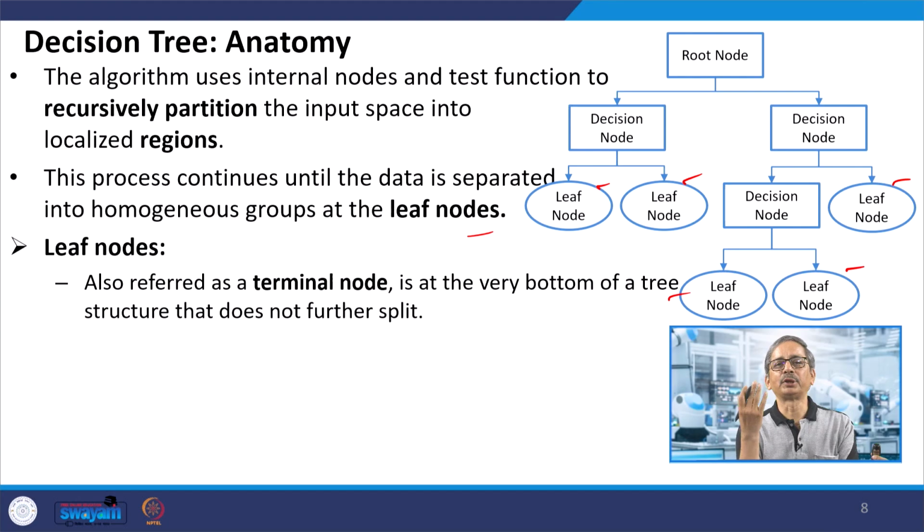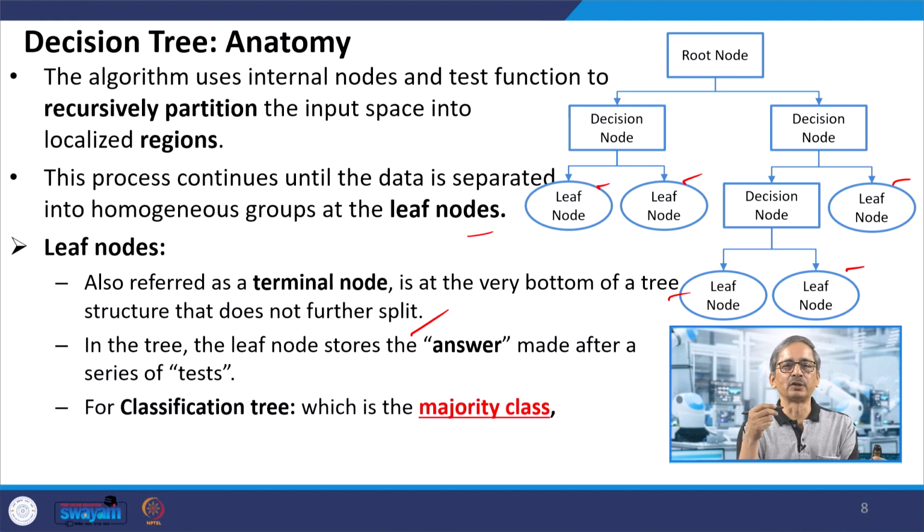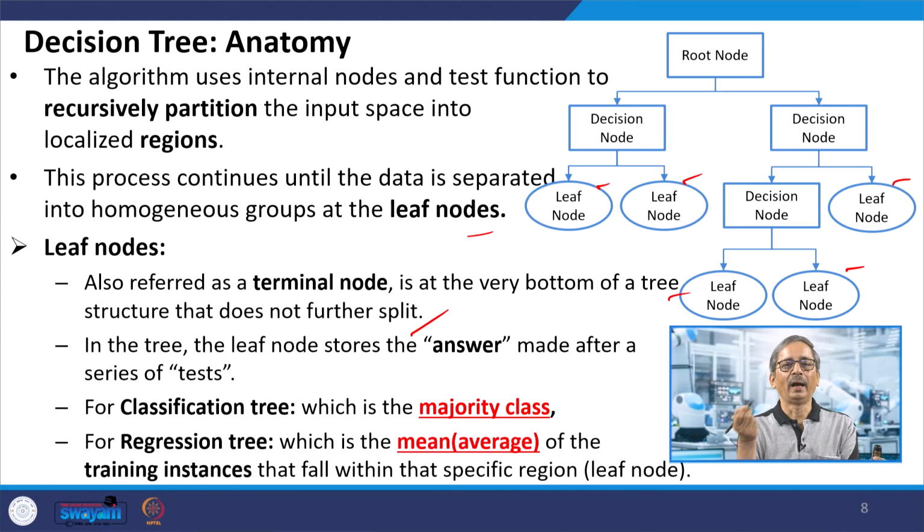Naturally it is at the very bottom of the tree because the process gets terminated there and no further splitting happens. The leaf node stores the answer made after a series of tests: for a classification tree it is the majority class, and for a regression tree it is the mean or average of the training instances that fall within that specific region.